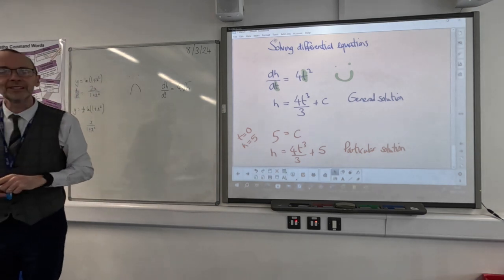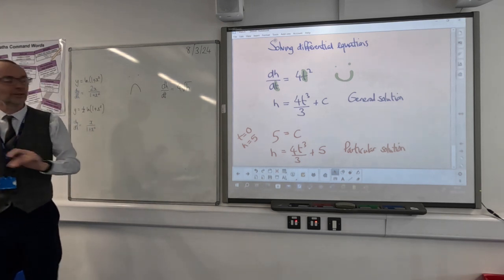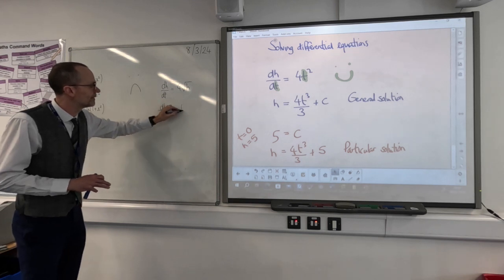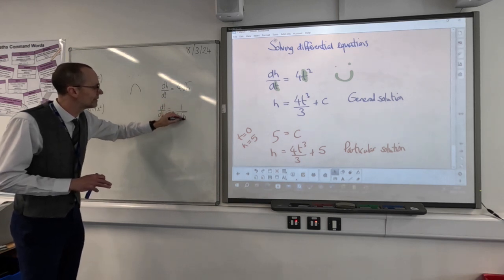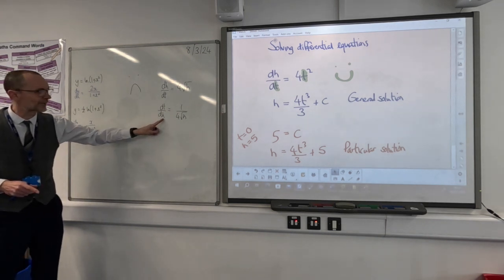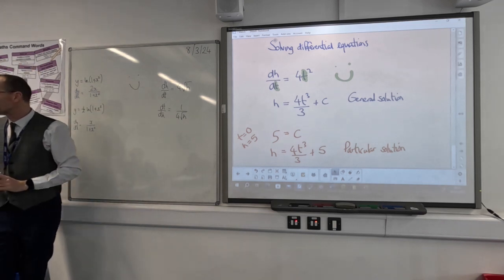We just turn it upside down. So I'm going to turn this upside down. I'm going to find the reciprocal on both sides. And now, this is in respect of h, and that's h. So all of a sudden, my frown has turned into a smile.